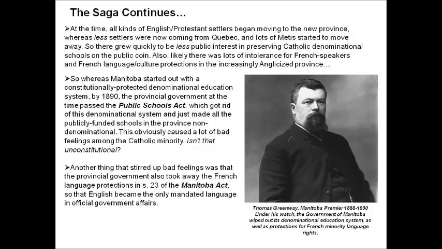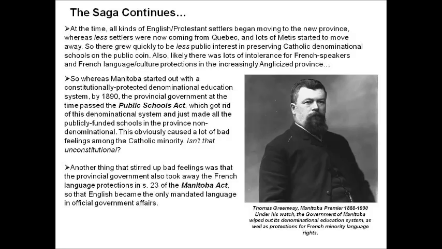So, whereas Manitoba started out with a constitutionally protected denominational education system, by 1890, the provincial government passed the Public Schools Act, which got rid of this denominational system and just made all the publicly funded schools in the province non-denominational. This obviously caused a lot of bad feelings among the Catholic minority.